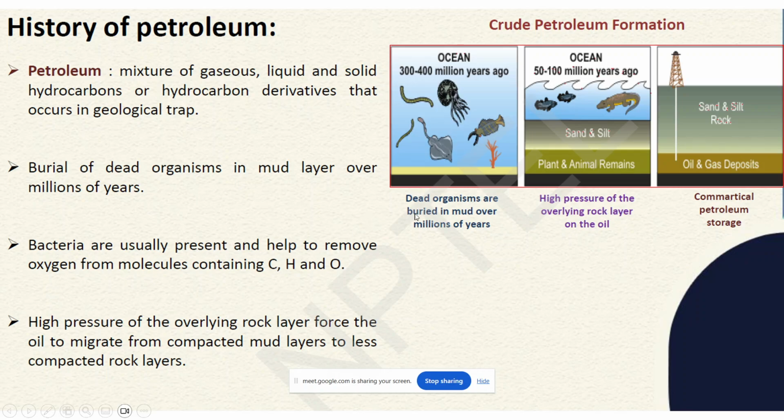As we can see here, the dead organisms get buried in the mud over millions of years, and due to pressure convert into oily materials, which we extract as crude oil. We then have to process it using different methods to get the final products which we use in our daily lives.